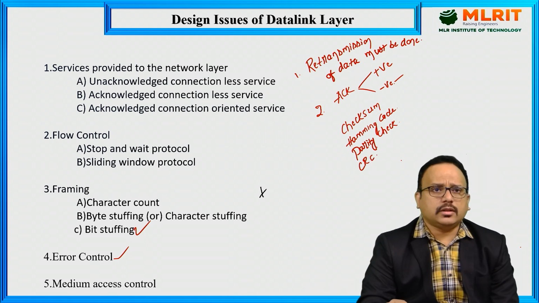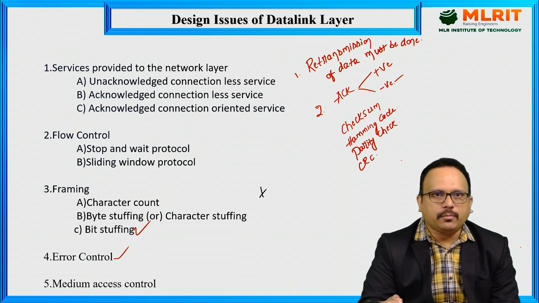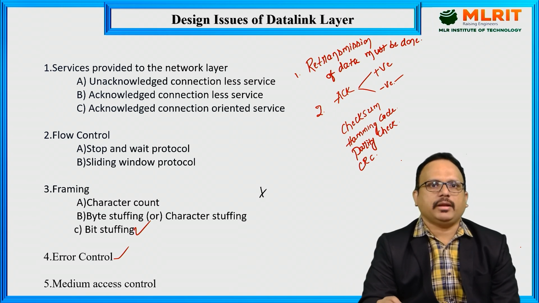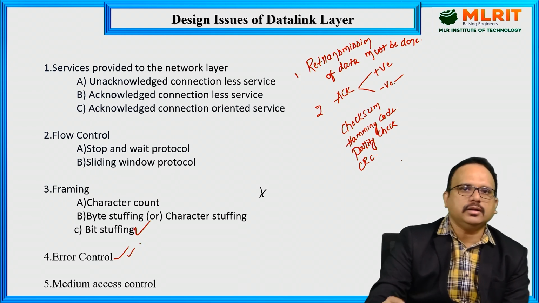So these are all the different error correction and error detection mechanisms. If we do not have any error control mechanism, what will happen? The data transmitted by the sender might not reach the receiver. The data might get corrupted, the data might get lost, anything might happen. So this is error control, which is offered by the data link layer to the network layer.